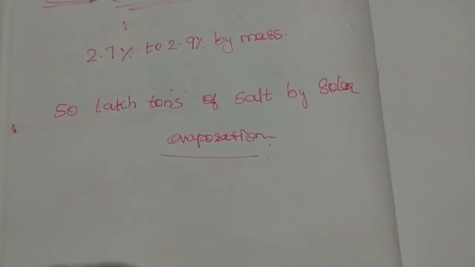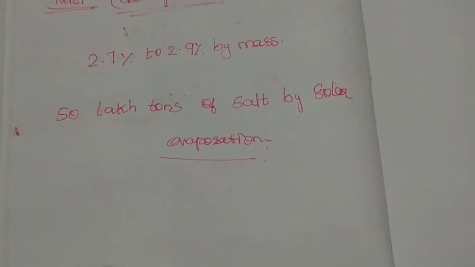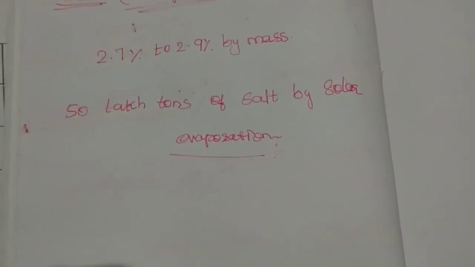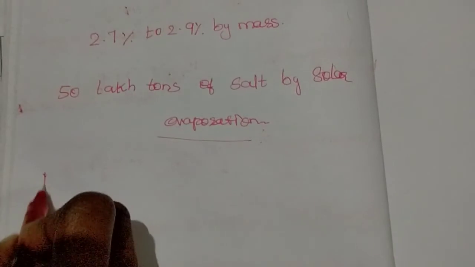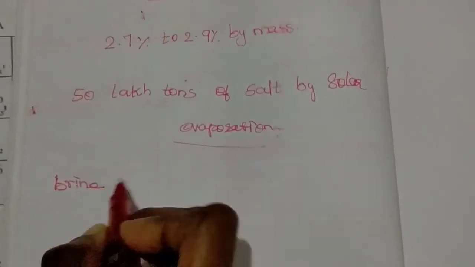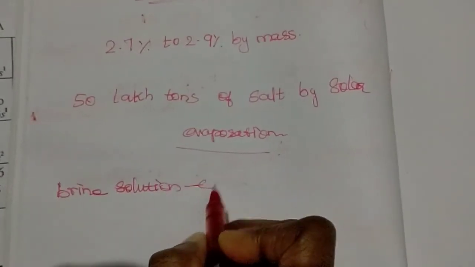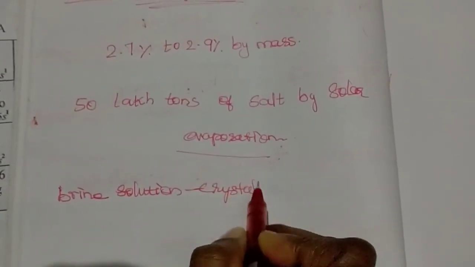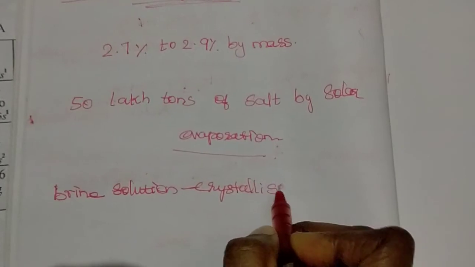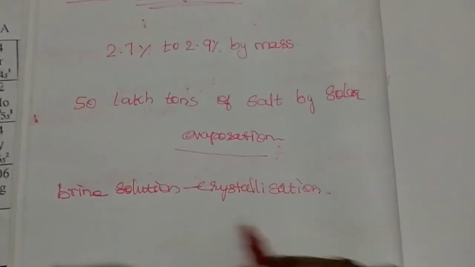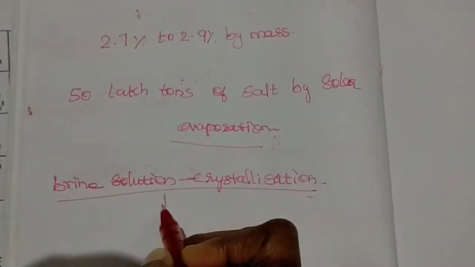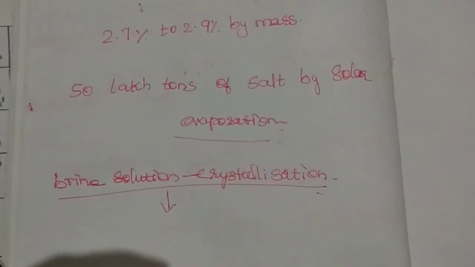Crude sodium chloride is generally prepared from brine water by crystallization. By the crystallization process of the brine solution, we get crude sodium chloride.